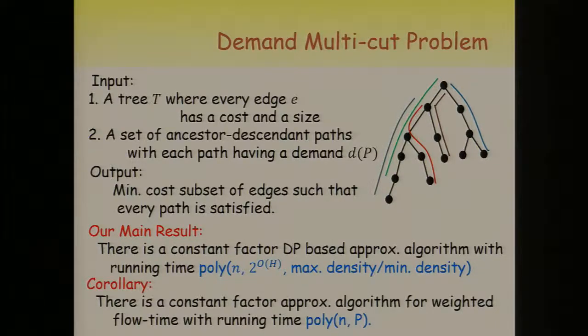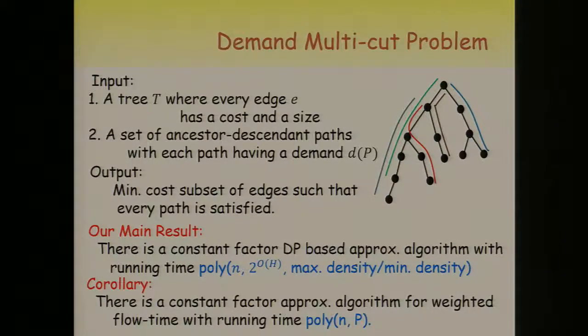Okay, but a direct corollary of this result is that the algorithm is polynomial in n and p. The reason why this is 2 to the h is like p is because of what these vertices in our problem are. These vertices correspond to intervals of some size 2 to the k, and when you have, let's say, 2 children of this vertex, these are again 2 intervals of some size 2 to the l, which are nested within this interval of length 2 to the k.